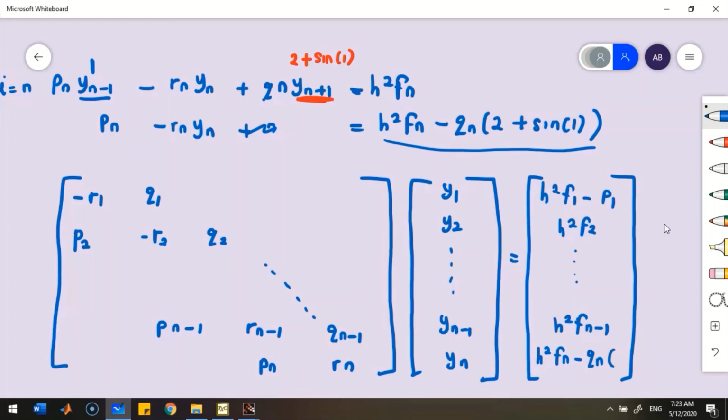I need more space, so I'm just going to remove this bracket and make it longer. So we have 2 plus sine 1.